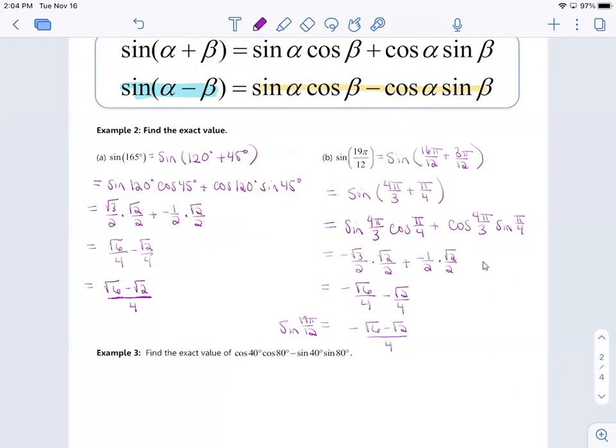So if we have cosine, we'll label this alpha, we'll label this beta. So what formula matches cosine alpha times cosine beta minus sine alpha times sine beta?